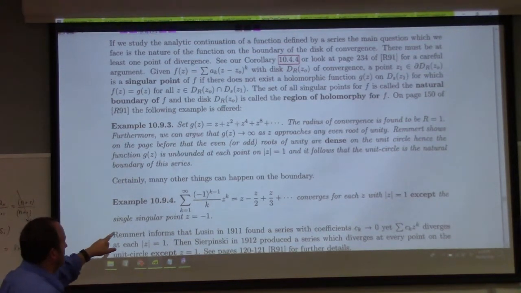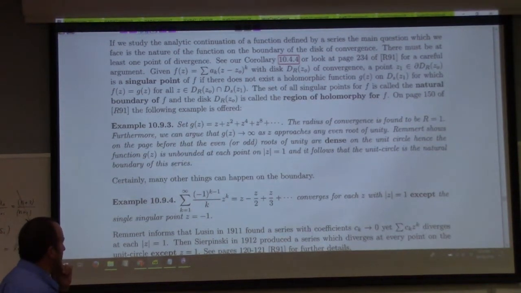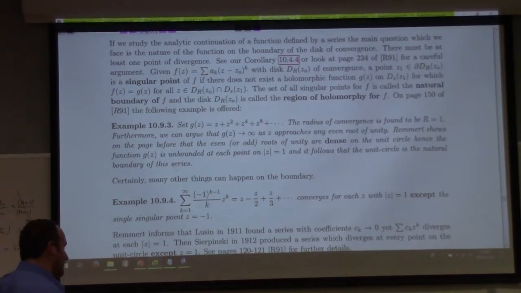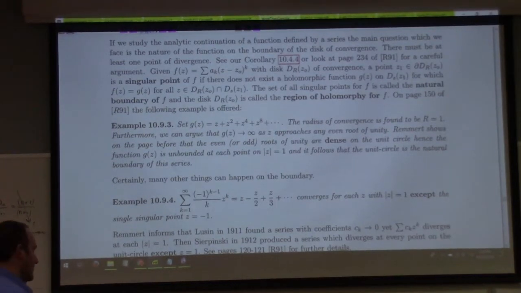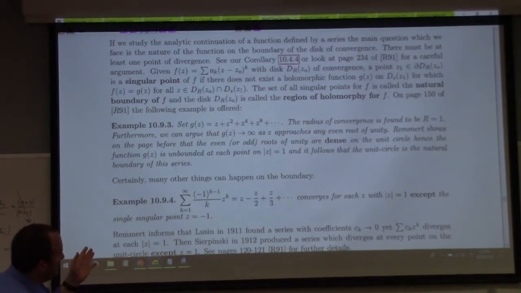This one, which is kind of like what we were just looking at, centered at 0, converges for each z with z equals to 1, except z equals minus 1. Ah. So only at z equals to minus 1 do we diverge. I see if I put in z equals to 1, I just get the alternating series, and that converges.